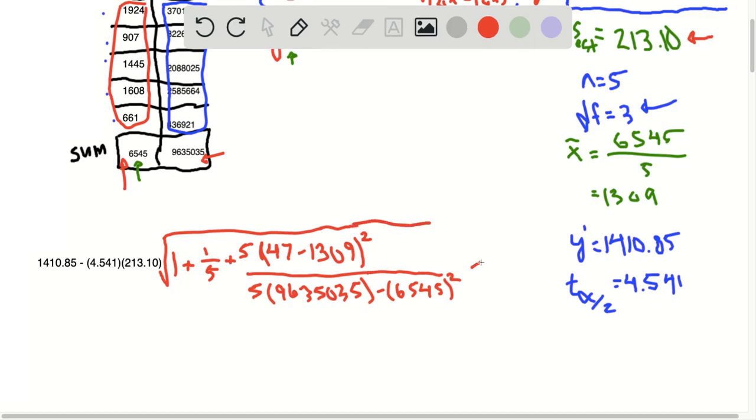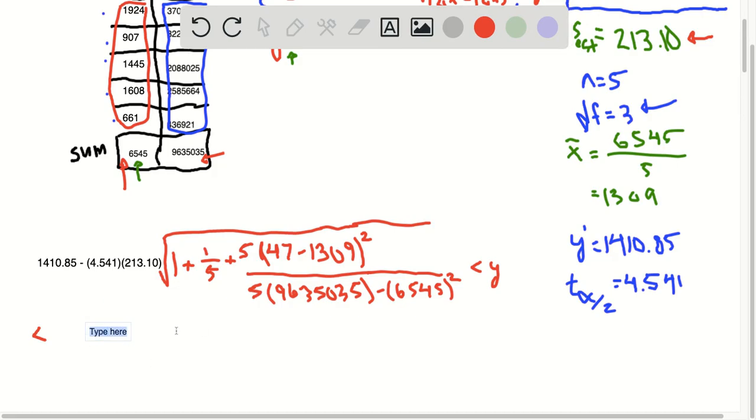And we know this is less than our y, which will be less than the right endpoint, which is a very similar calculation. So we know that's going to be our y prime value of 1,410.85 plus, this is the one key difference, plus our t value of 4.541 times our standard error of the estimate, which is 213.10.